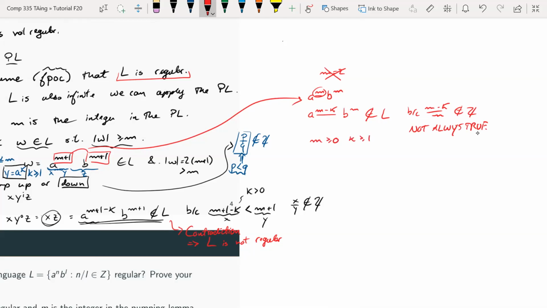So let's say my opponent is very lazy and he says, okay, I'm going to test this person's proof with m equals 1 and k equals 1.